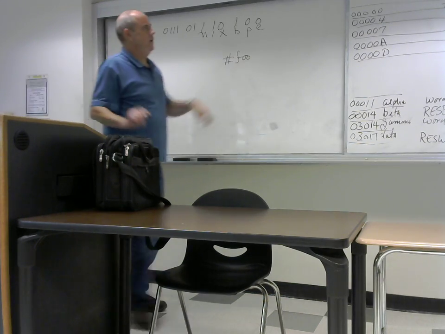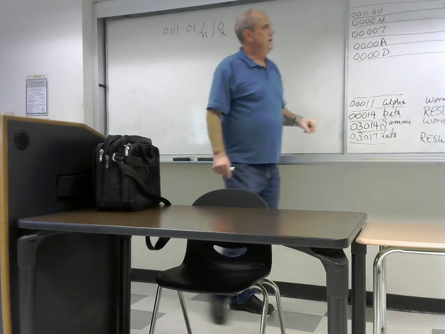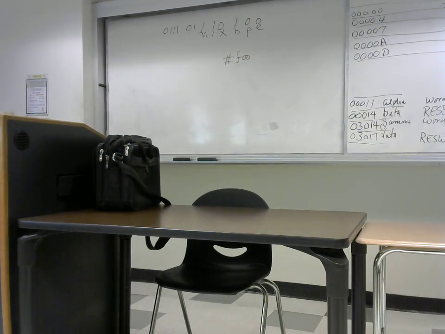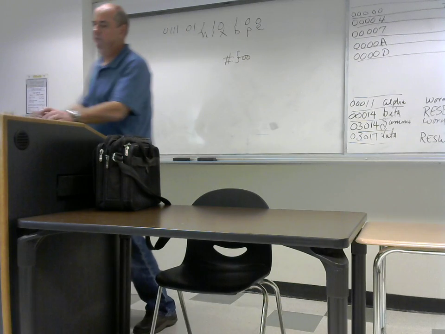Suppose we load this at address 5000. Are these offsets still the same? Is it still going to be 00A? And the answer is yes, because the distance from here to down here is 10 bytes. It doesn't matter where you load it, it's still 10 bytes away. So whatever the address of those instructions are is irrelevant.